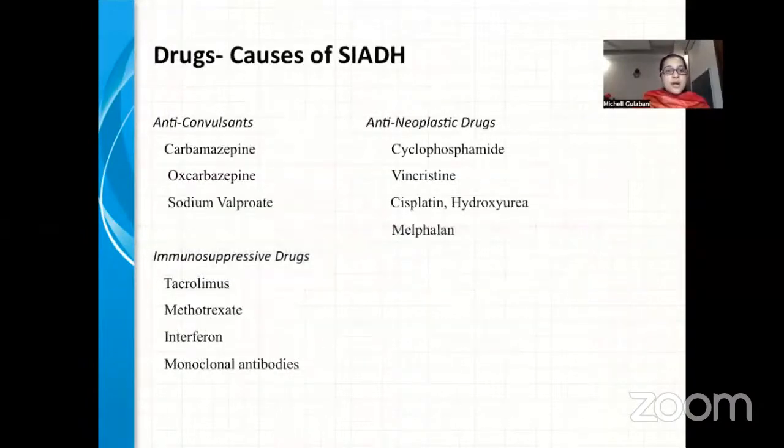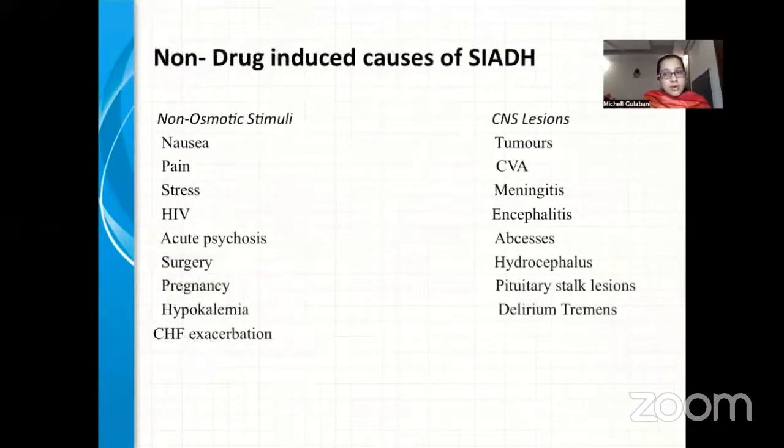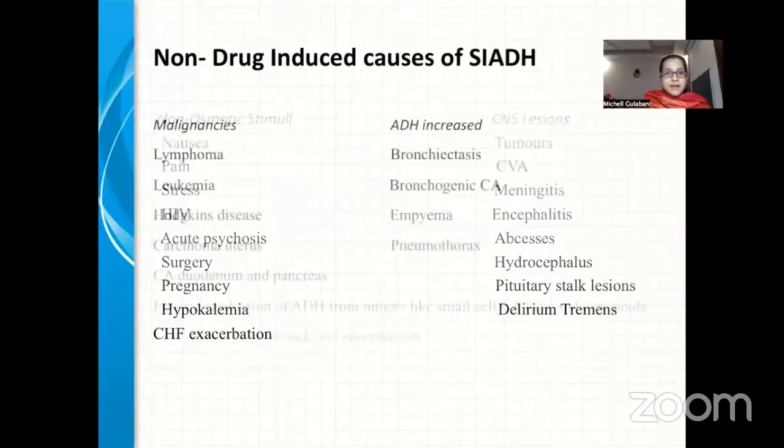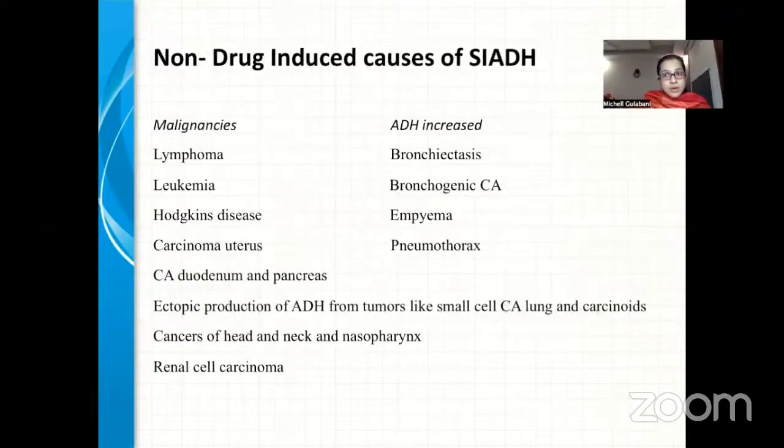So there's a list of drugs, which includes anticonvulsants, antineoplastic drugs, immunosuppressive agents, and other causes which result in SIADH. And the important ones for us are the post-operative causes like nausea, pain, stress, and of course the CNS lesions like tumors, CVA, etc. Malignancies are there which cause an ectopic SIADH.